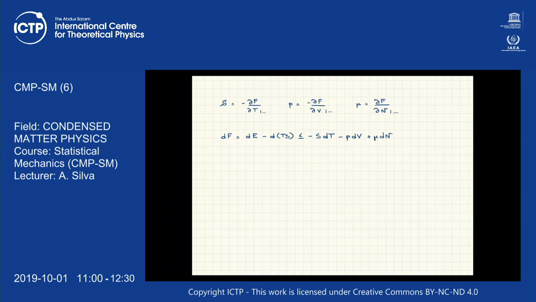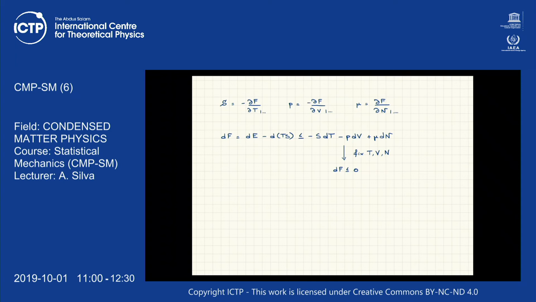And therefore, this implies that if I fix temperature, volume, and number of particles, then dF is always decreasing. And that also tells you that, unlike the previous system, the equilibrium state for a system that is in contact with a reservoir at some temperature is the minimum of the free energy.